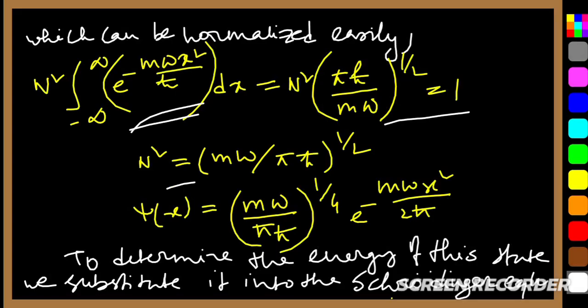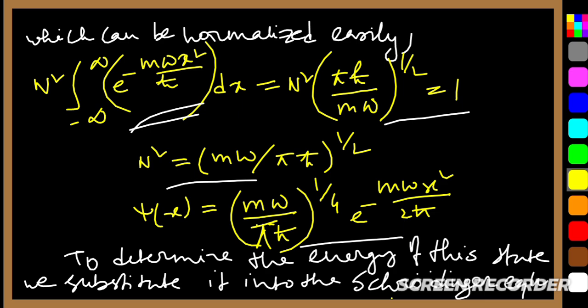You get this solution and the wave function expression: ψ0(x) equals (mω by πħ) whole to the power 1/4 e to the power minus mω x squared by 2ħ.